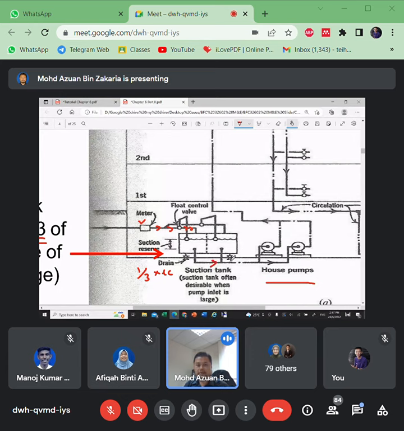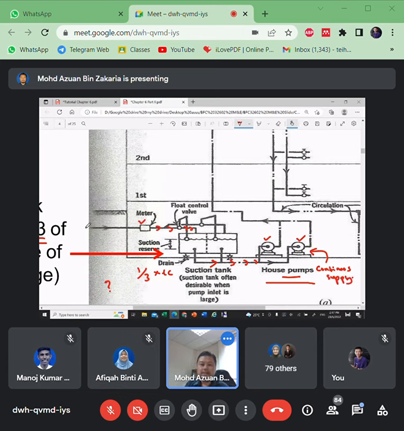After that, from the suction tank, it will supply the water to the pumps. Then there is a question: why do we need a suction tank? Because in this type of system, we need pumps, right? One of the reasons is to make sure we have a continuous supply of water for the pumps.